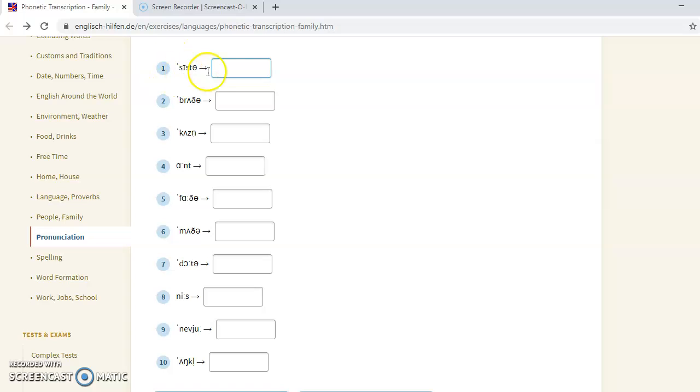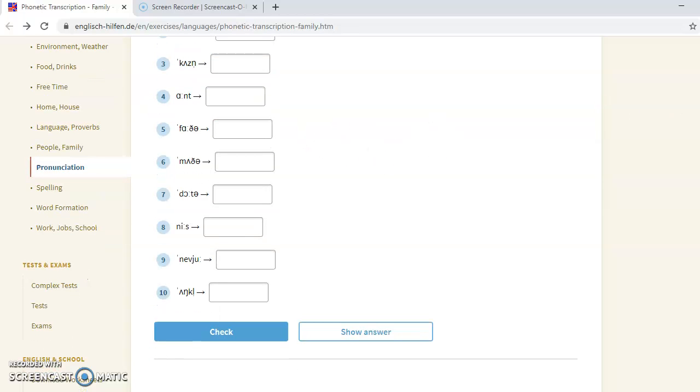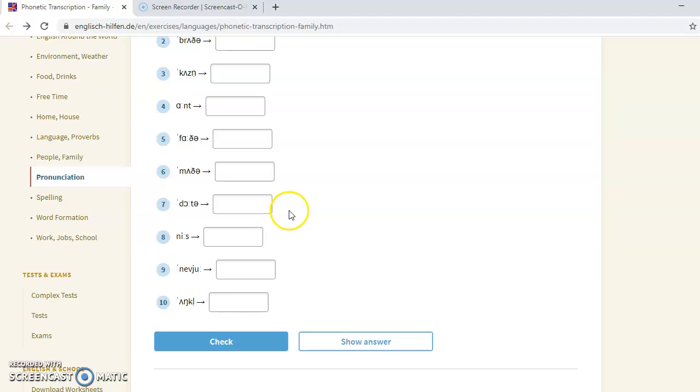For example, number one. What is the word? The word is sister. You just need to type sister. And number two, and so on until number 10. After you have finished completing all words from number 1 until number 10, you just need to click check, and it will show you the answer. Later on, you can do a repeat exercise by shuffling.